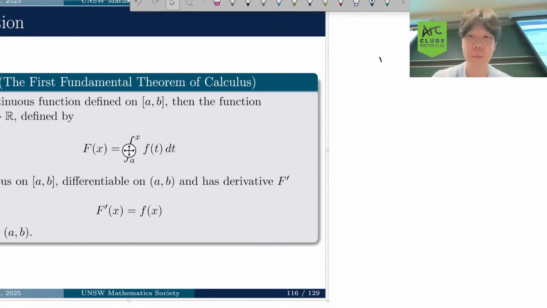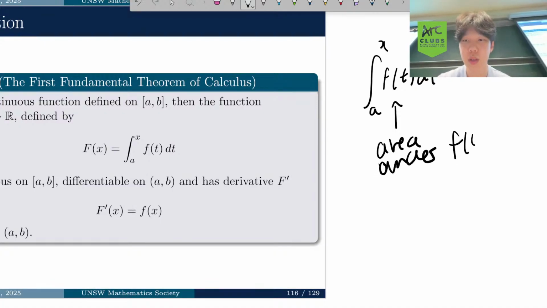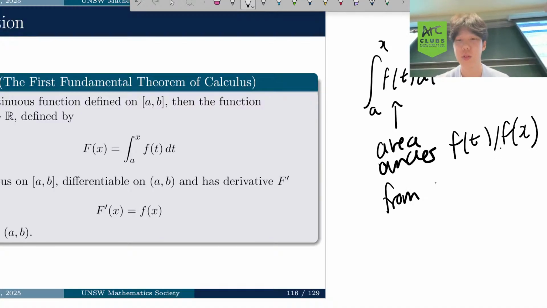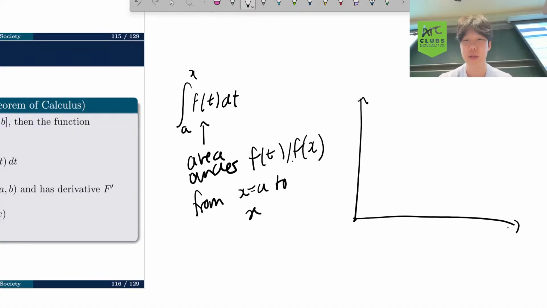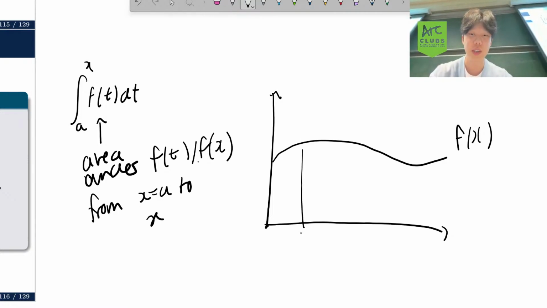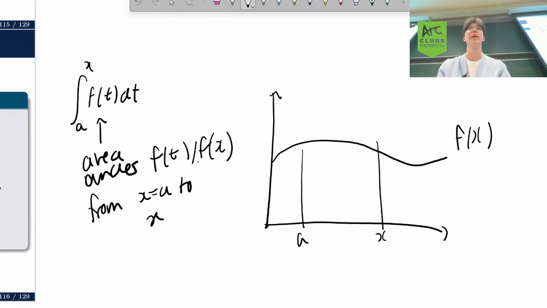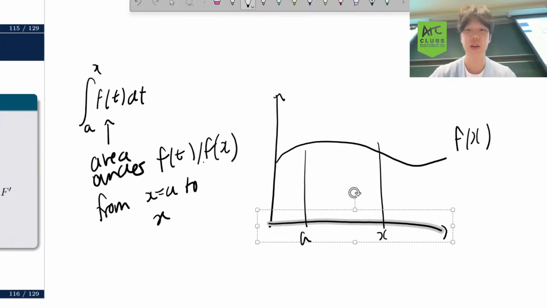So we know that the integral from a to x of f(t) dt is just going to be the area under f(x) from x = a to x. So if I were to draw that, imagine I just have some function here, and I have a starting point a, and I have some point x, and here we have an area.